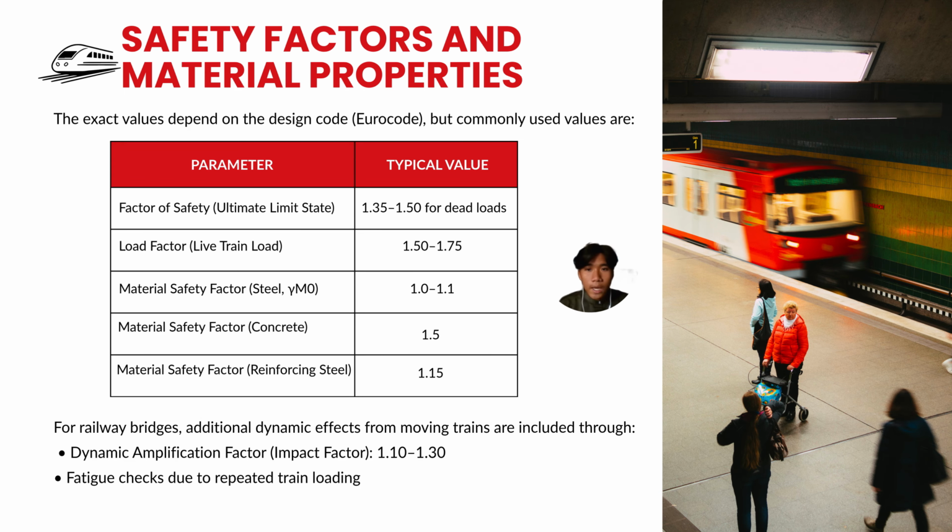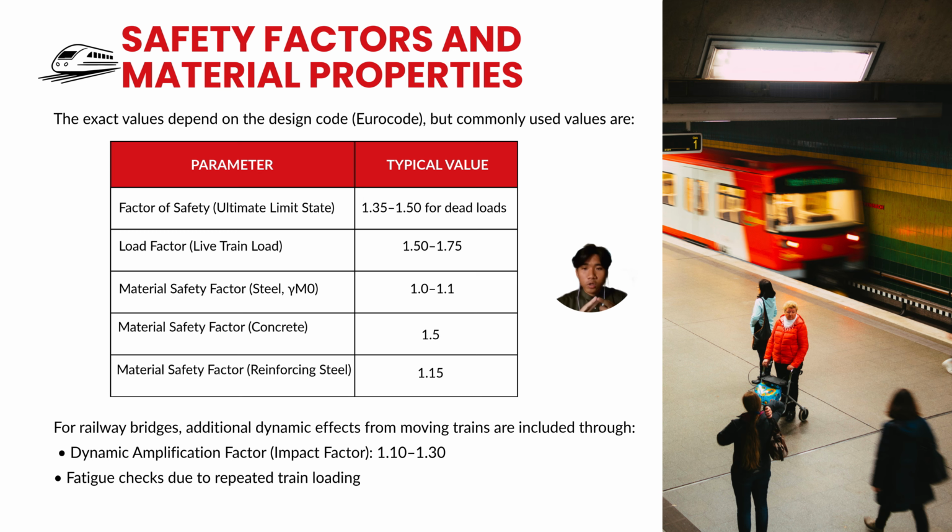On to the next slide, the safety factors and material properties. The exact values depend on the design Eurocode, but commonly used values are in a list already provided by BEM, with the parameter and the typical value.